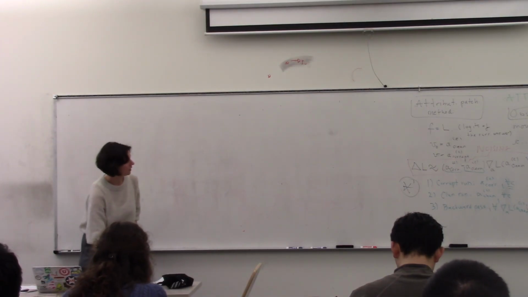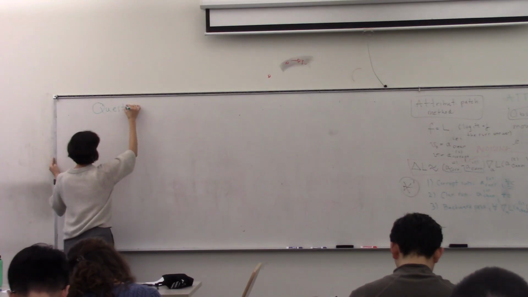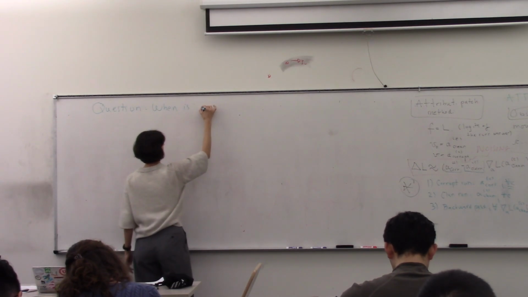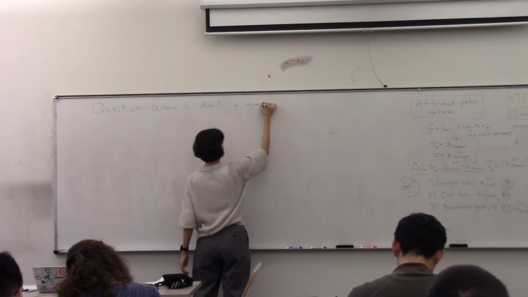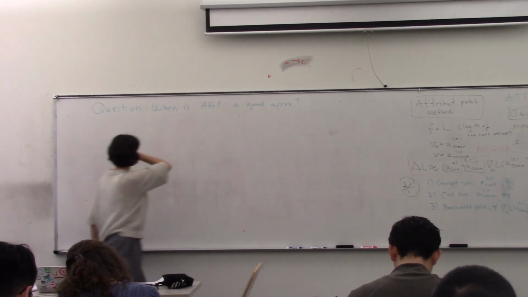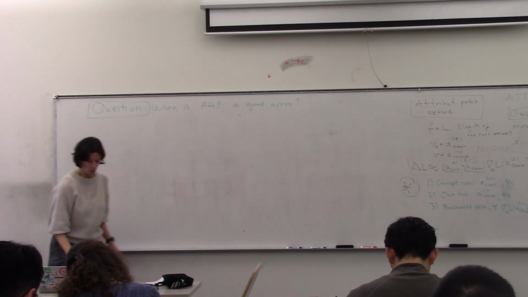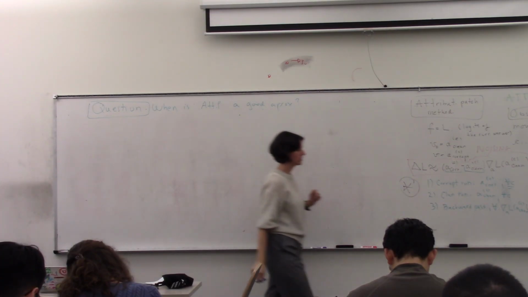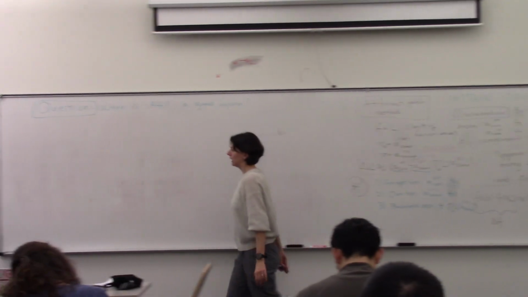So now the question is, when is attribution patching a good approximation? One obvious case where attribution patching is not a good approximation is where the Taylor expansion is not a good approximation.